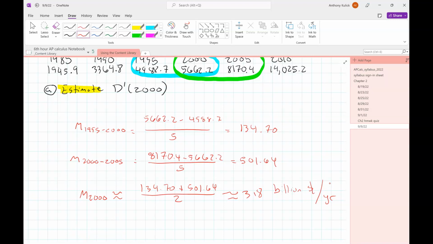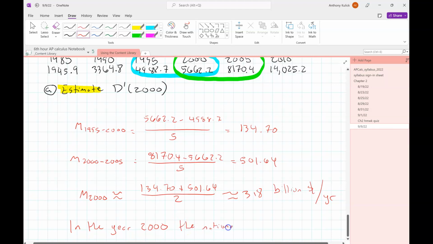So what is this derivative really saying? In the year 2000, the national debt is increasing or decreasing?